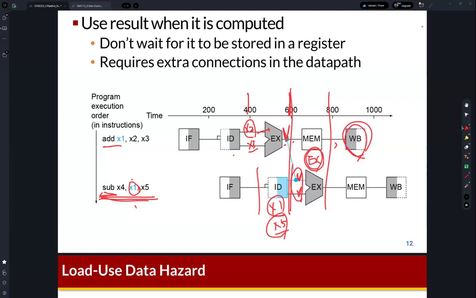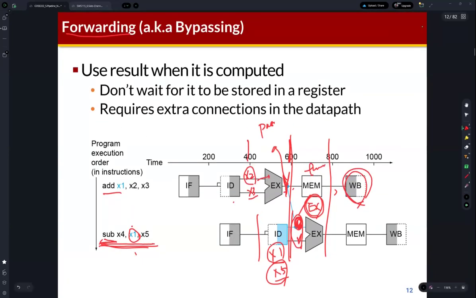If we check when the result is generated and when the data are required, we can observe that data is generated at this point, and the data can be required at this point. This is the past, this is the future. If we consider the timing of the generation of the result and the consuming of this result, this is possible.